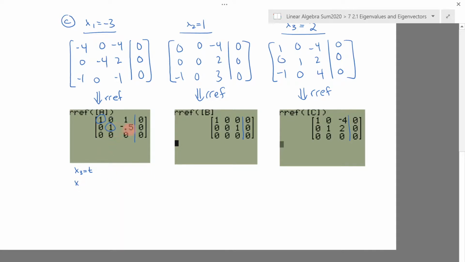So what does that say? x2 is equal to 1/2 t. And then first row says x1 plus x3, which is t, is equal to 0. So x1 is minus t.